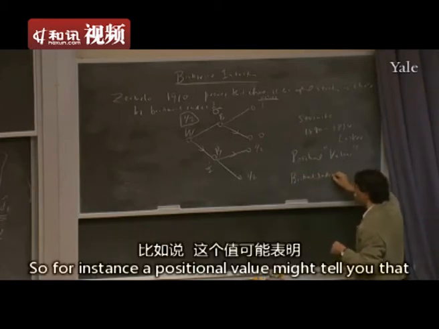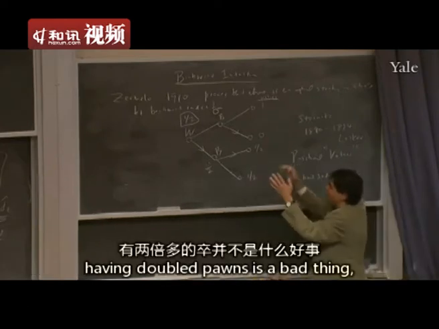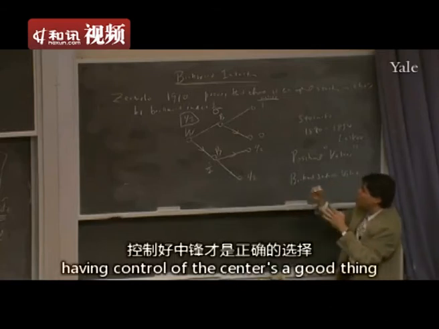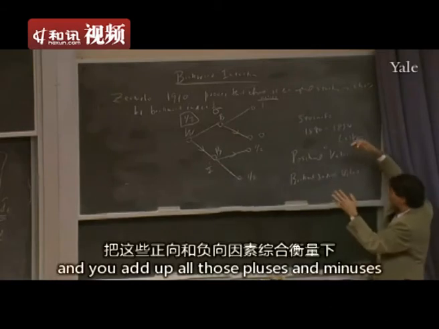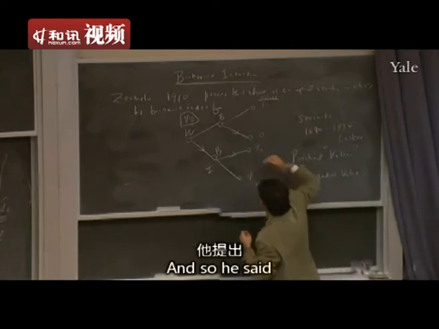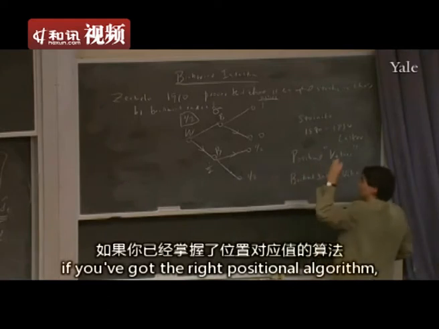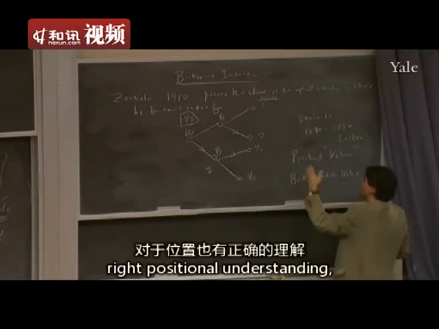For instance, a positional value might tell you that having doubled pawns is a bad thing, having control of the center is a good thing, and you add up all those pluses and minuses and you get these positional values.